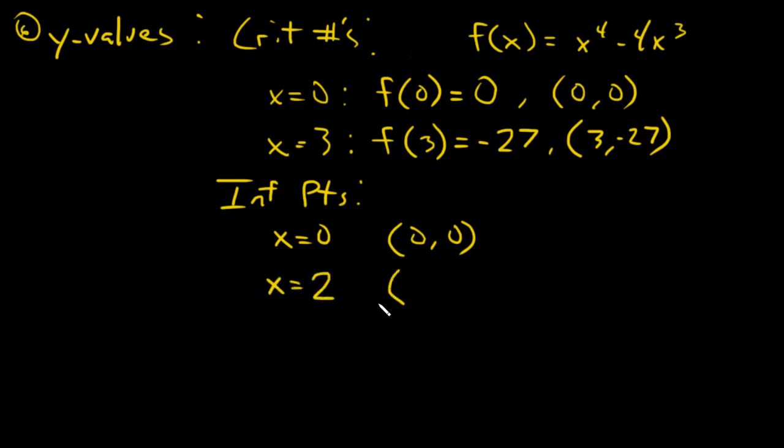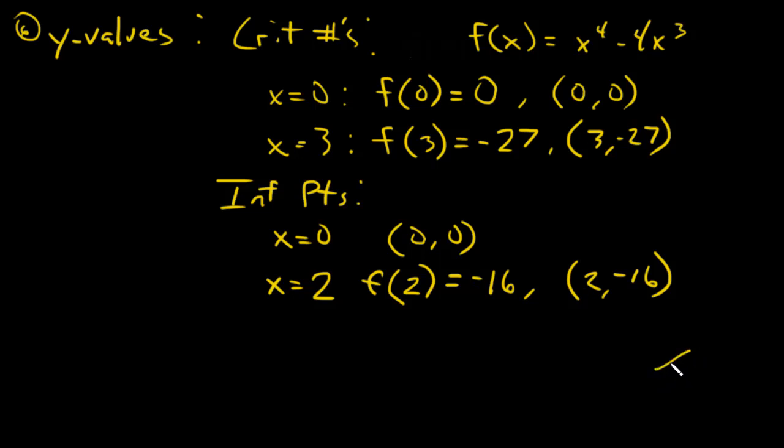And so x equals 2 gives me f of 2, which is 2 to the fourth is 16 minus 8 times 4 is 32. 16 minus 32, it's going to be negative 16. And so that point is located at 2, negative 16. Okay? So now that I have all these values, I can now graph the function.